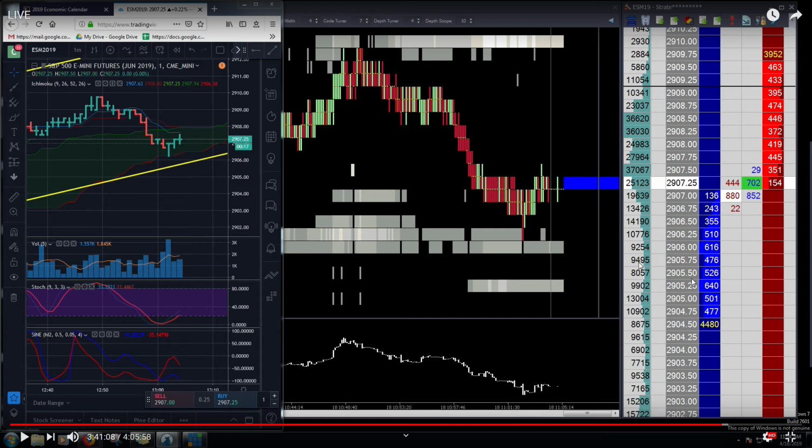And this is why I like Jigsaw, because they put you in a queue on the simulator, so you don't automatically get filled, so it's more realistic. Okay? Jigsaw is awesome, and that's what I still use for the simulator. I'll do my real trades for my setups.